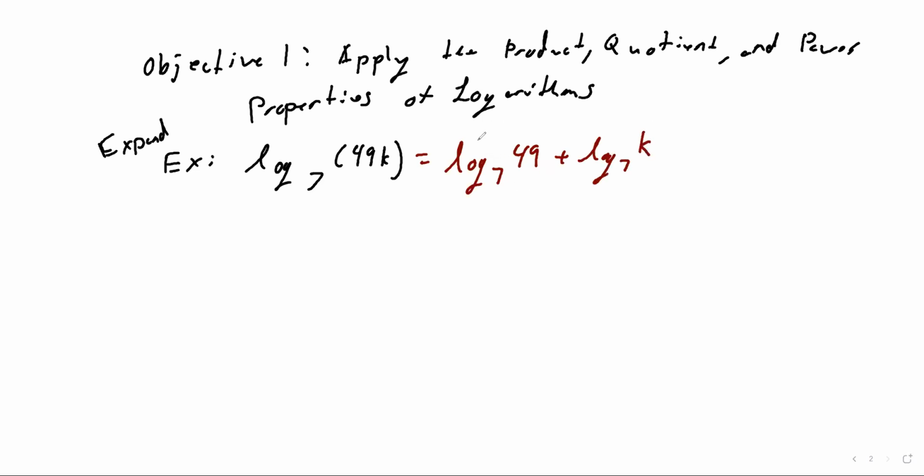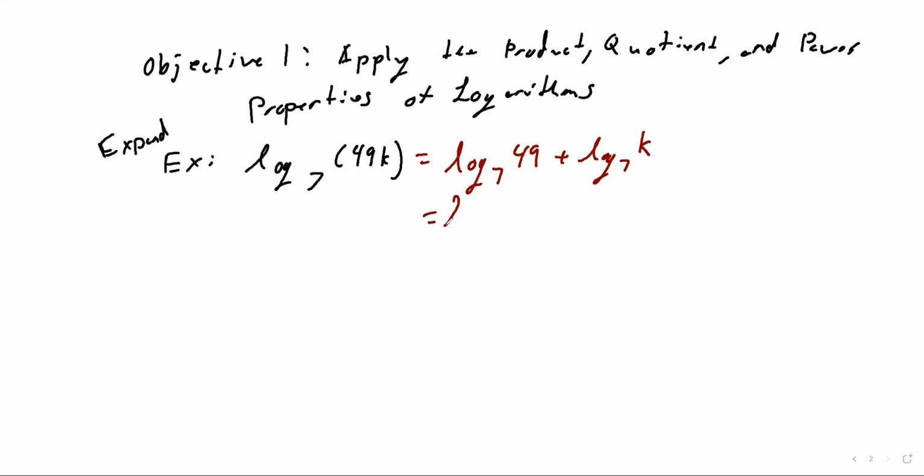Now, the issue is anytime you have a log with a number, they do want you to try to reduce this as best as you can. The best thing to do is see, can I turn this number into the base that I currently have? Meaning, can I make 49 be some power of 7? And hopefully you're saying, well, 49 is 7 squared.